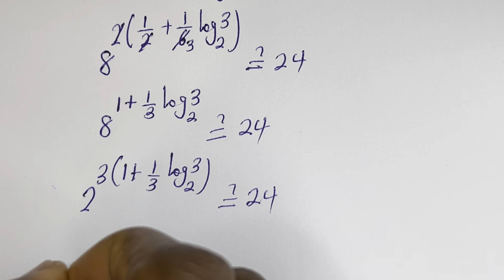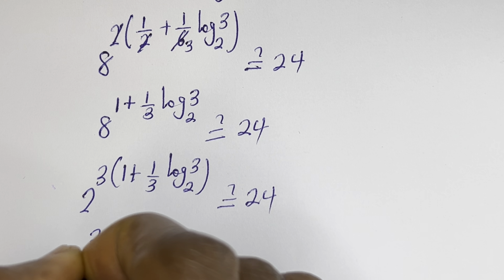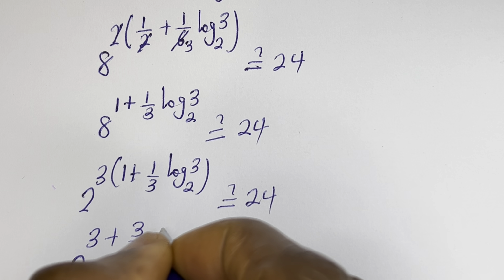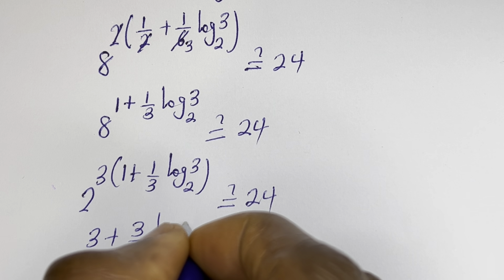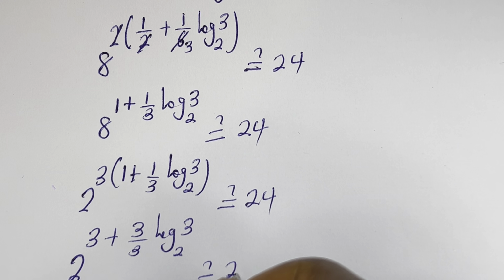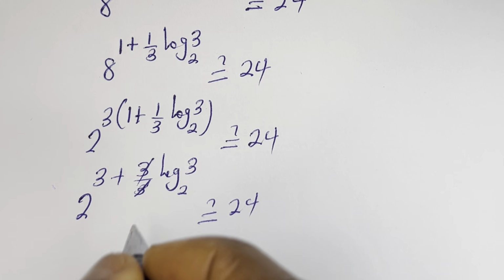Now here we have 2 to the power of 3 times 1. This is 3 plus 3 over 3 log 3 base 2 must be equal to 24. This will cancel this.